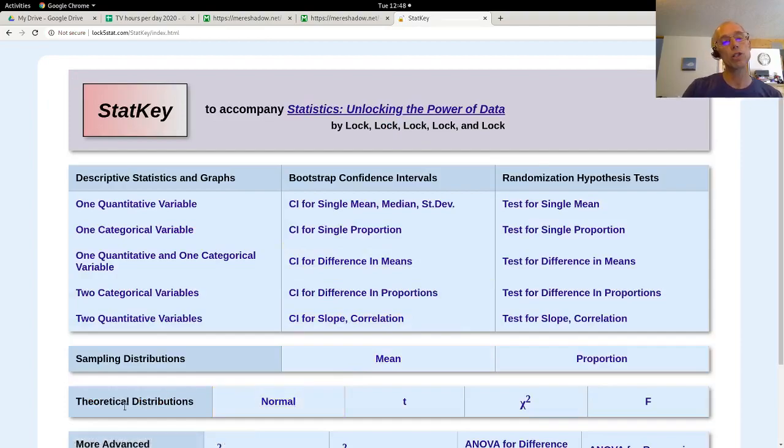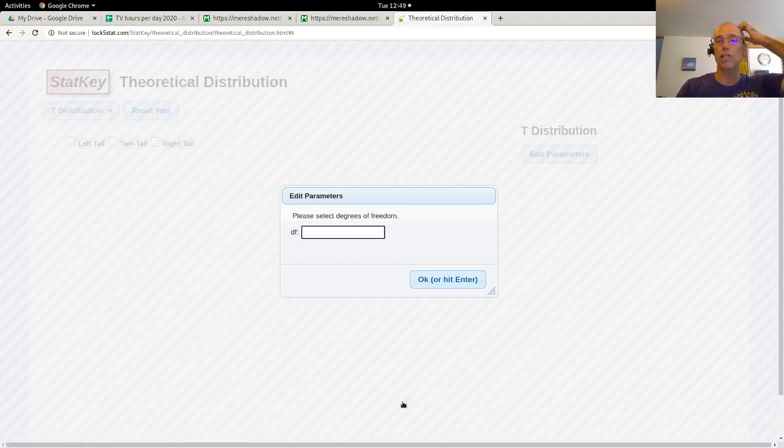I could use the theoretical distribution normal or t. Now the normal is a little more powerful. The t is a little harder to use in some sense because all it does is make t-scores.